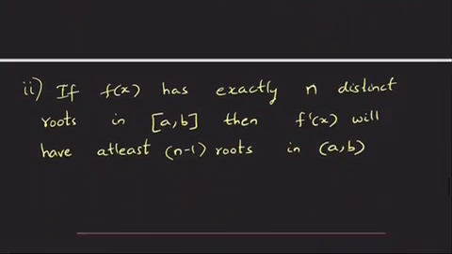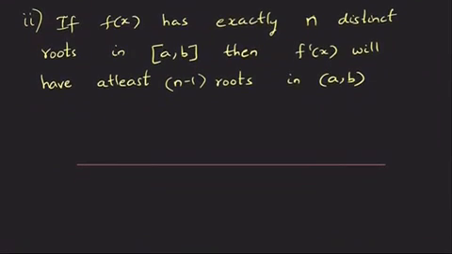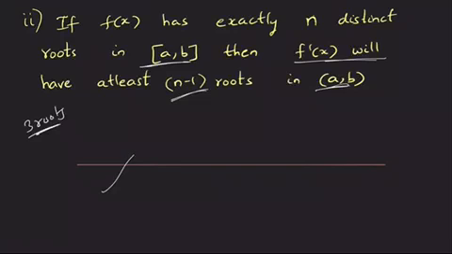Now let's generalize it. If f of x has n roots, let's say if f of x has 3 roots in a closed interval [a, b], then f dash x will have at least n minus 1 roots in the open interval (a, b). Now let me draw a function like this.